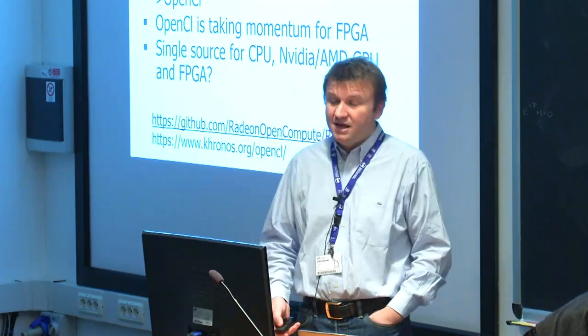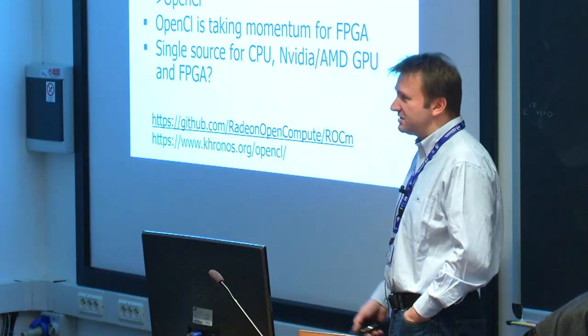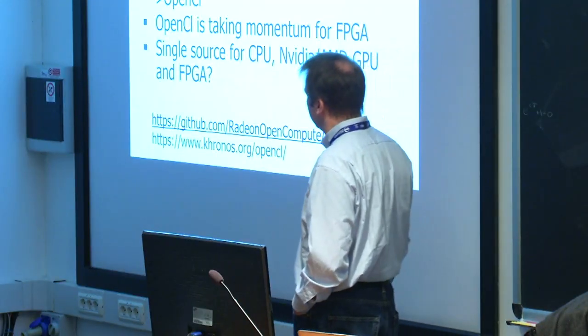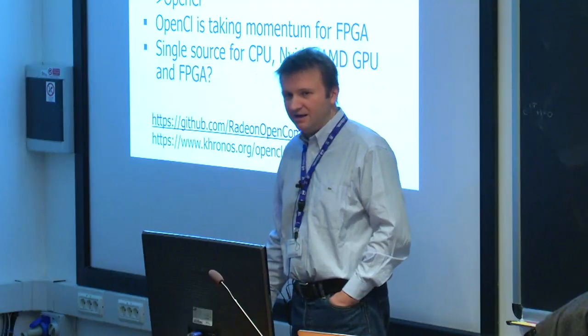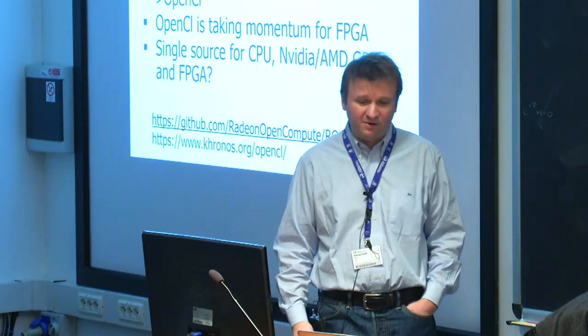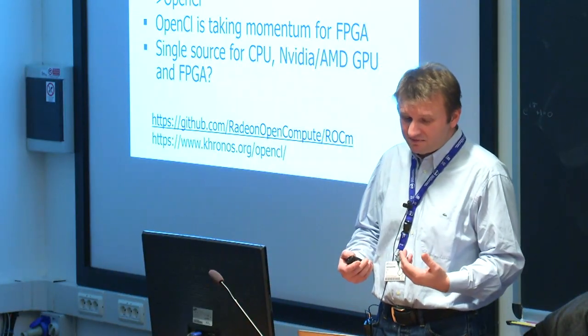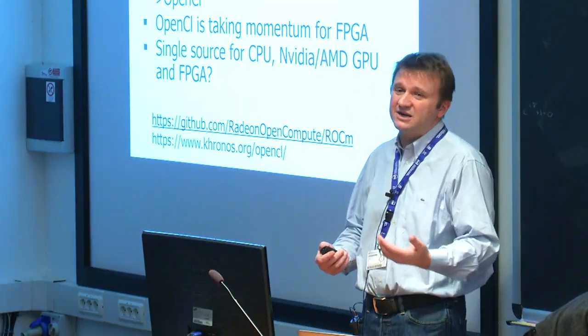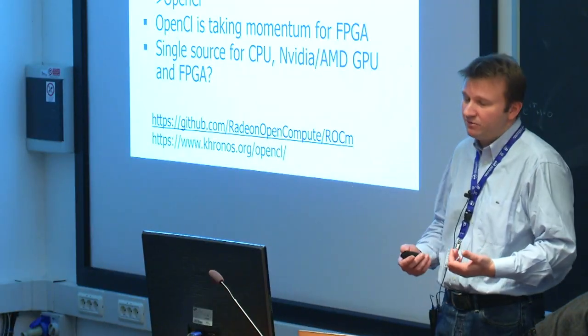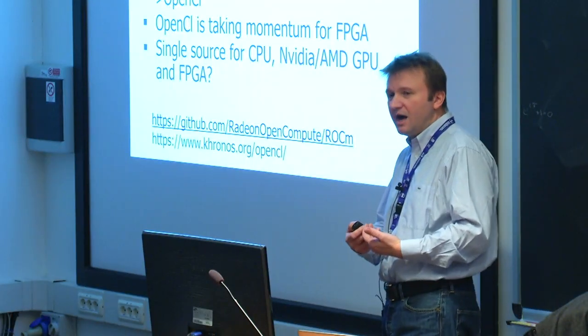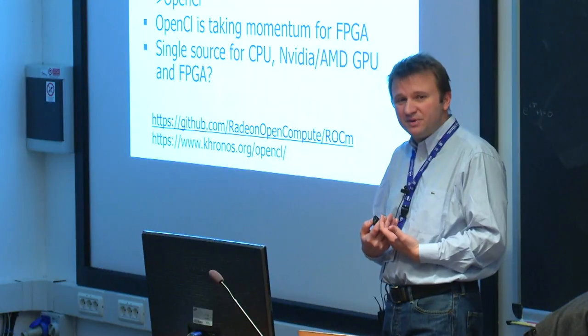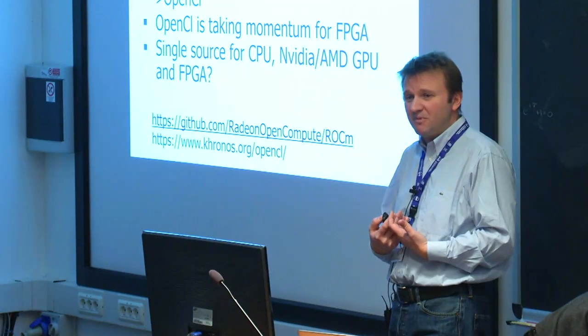Now AMD is weaker than NVIDIA from the point of view of market share. So they try to disrupt the model and say, we will release the driver of our GPU programming model for free.